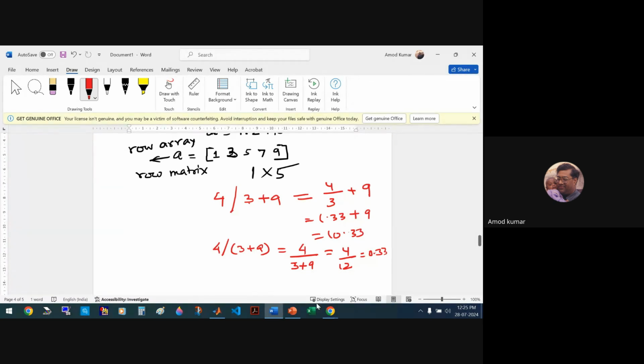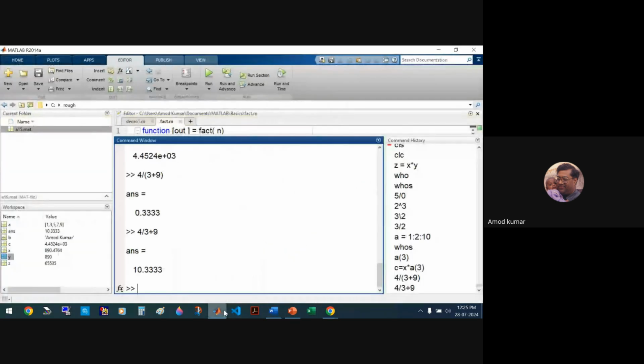Not only here, parentheses go to make things complete. Let me tell you, all the trigonometric operations or all the functions will use parentheses. Suppose you want to find cos pi, cos 180 degrees, which is minus 1.